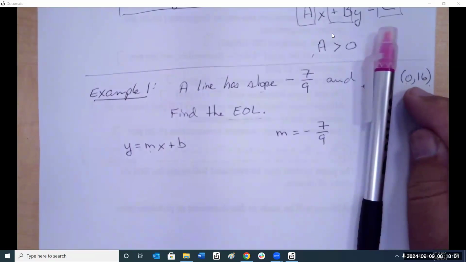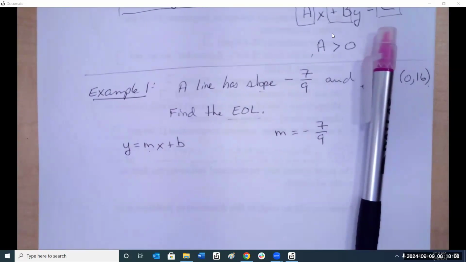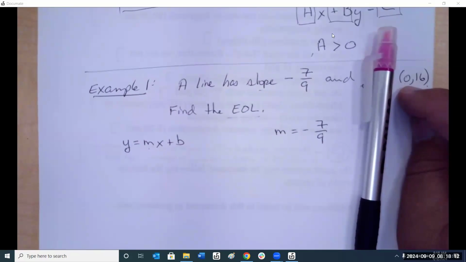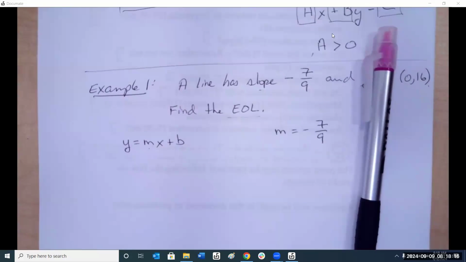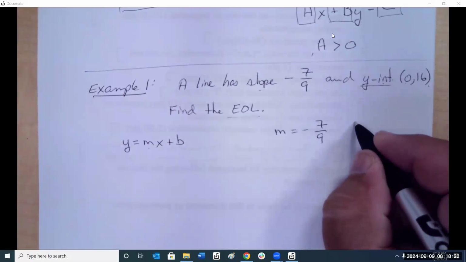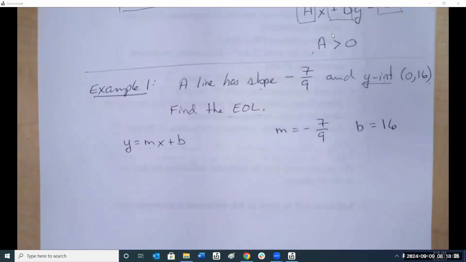So whenever x is 0, whatever y is the y-intercept. And conversely, if y is 0, whatever x is your x-intercept. And we talked about that in the first section. So since it says y-intercept, it's b equals 16.